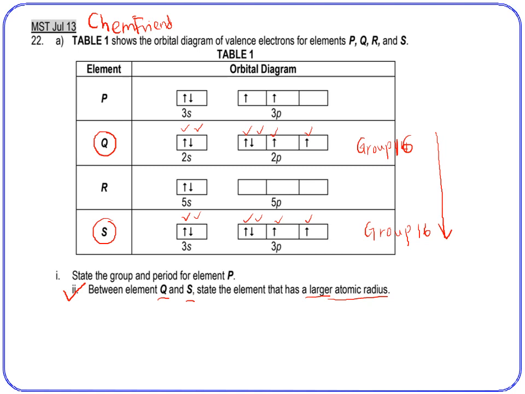Just recall that when going down the group, the shielding effect is increased, and once the shielding effect is increased, the atomic radius becomes bigger. They ask which one has the larger atomic size, so the answer is element S.